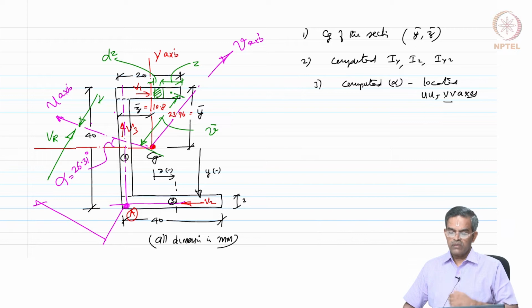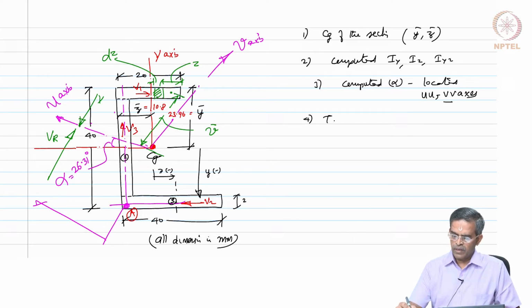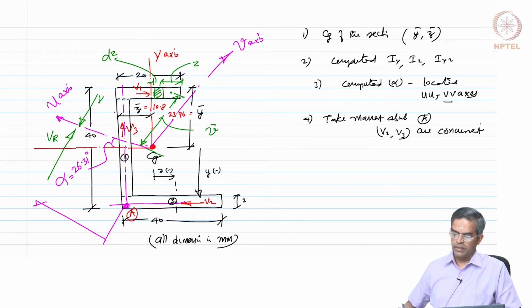Then we are in the process of finding out the shear center. We attempted to take moment about point A, where V2 and V3 are concurrent and no moments will be created. So, we wanted to only find V1.